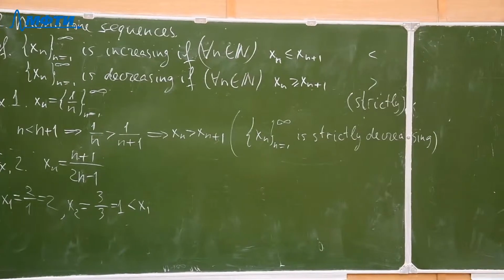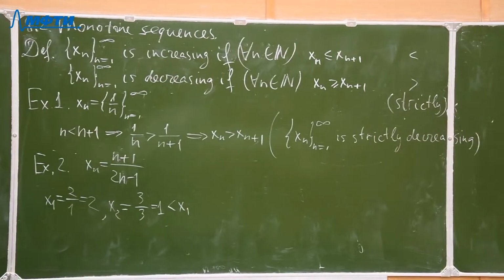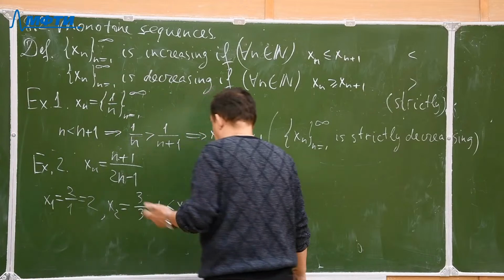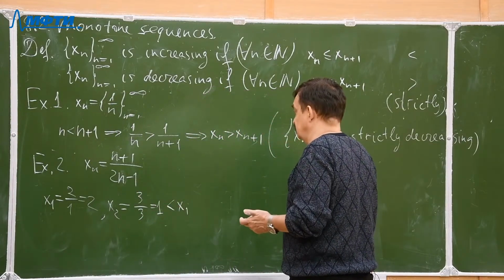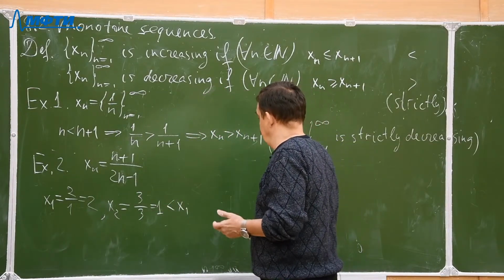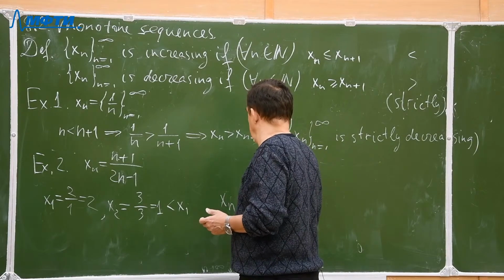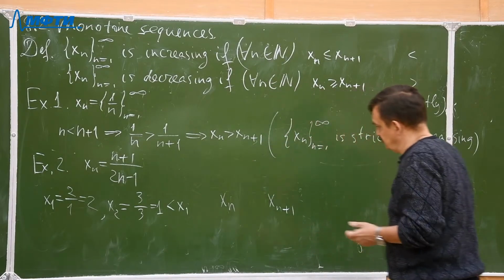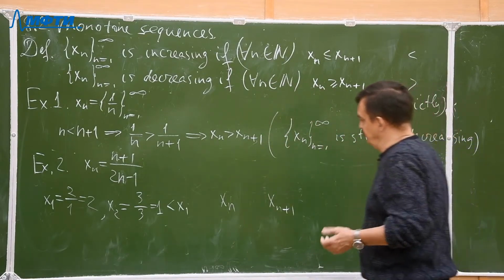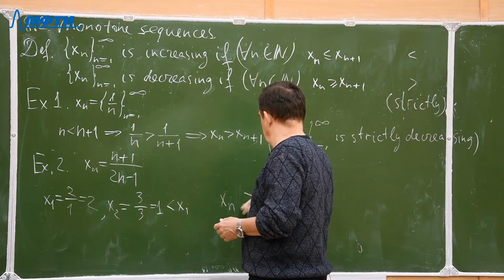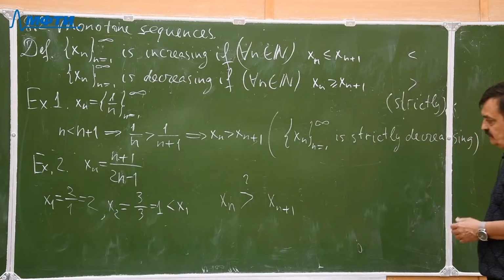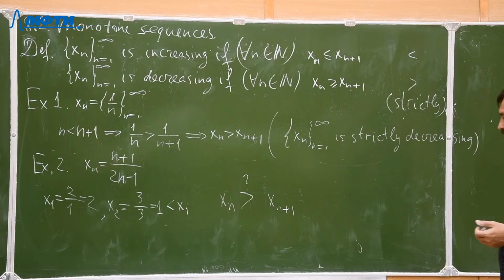There are many ways to do it. For example, just compare xn and xn plus 1, that is, what is the sign between them? We want to prove this is greater, so we don't know the sign yet.